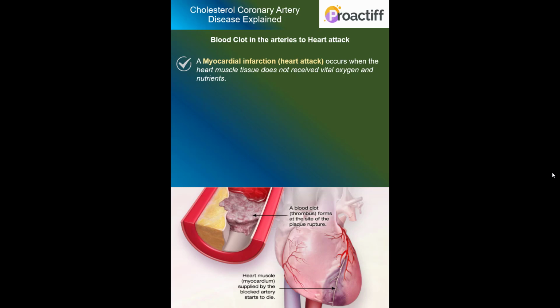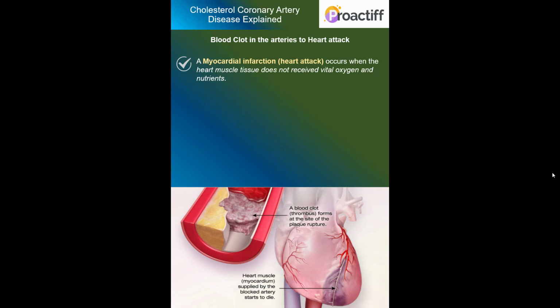Since blood is the carrier of oxygen to the vital tissues, it becomes imperative to have unchoked, clean arteries, so addressing the plaque getting deposited into the arteries is a core issue. A blood clot, essentially referred to as a thrombus, forms at the site of this plaque deposit and the rupture that is happening.